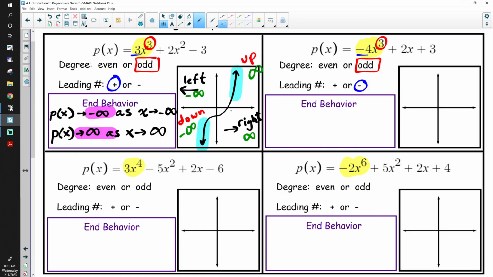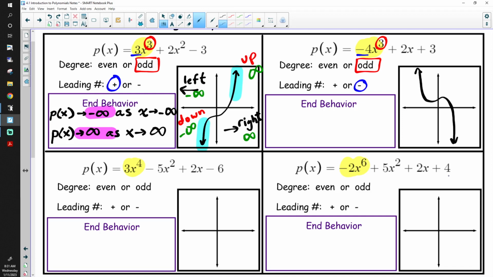Okay, this time my graph looks something like this. Again, I'm just sketching it. It doesn't have to be perfect, but isn't it almost exactly like the other one?